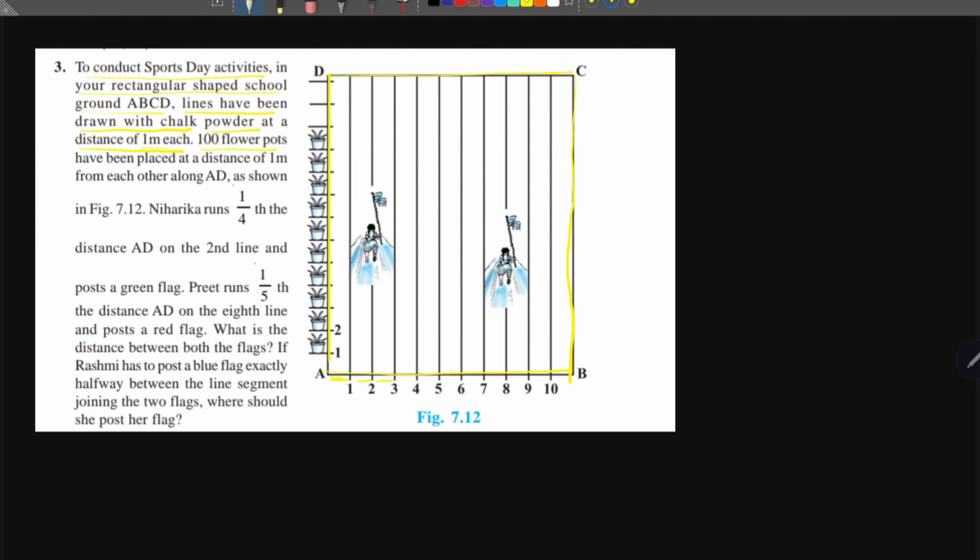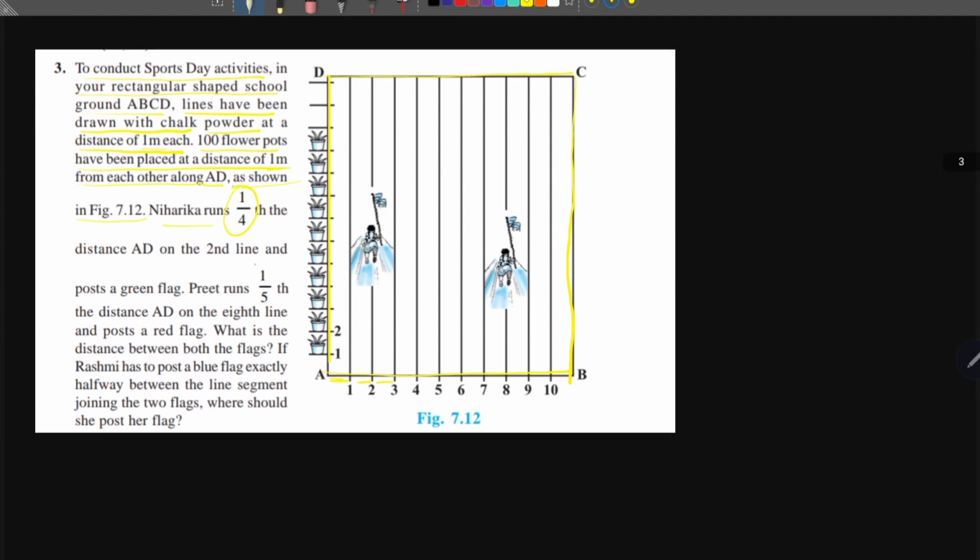100 flower pots have been placed at a distance of 1 meter from each other along AD, as shown in figure 7.12. Niharika runs 1 by 4th of the distance AD. So there is a distance A to D, and they placed 100 flower pots: first one, second one, and so on until the 100th flower pot.